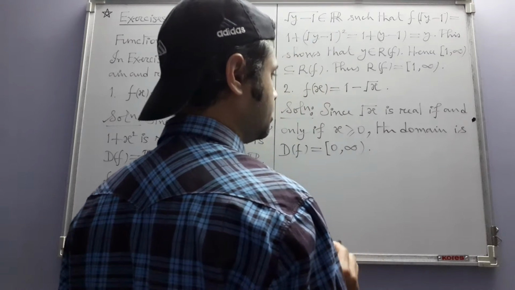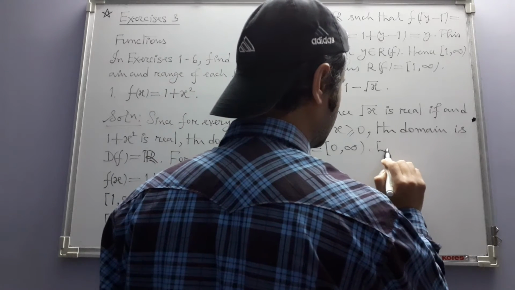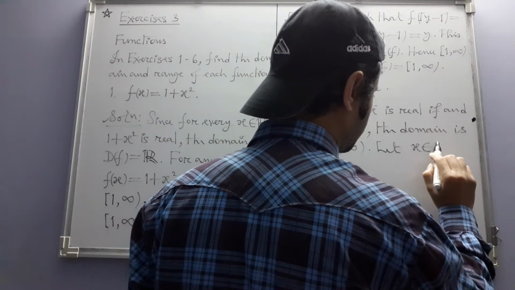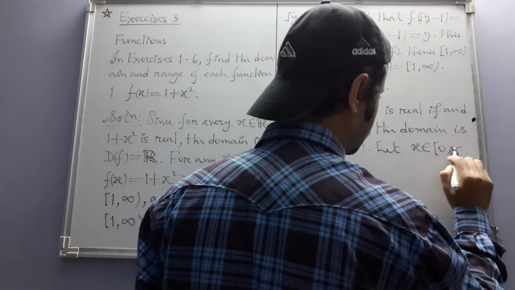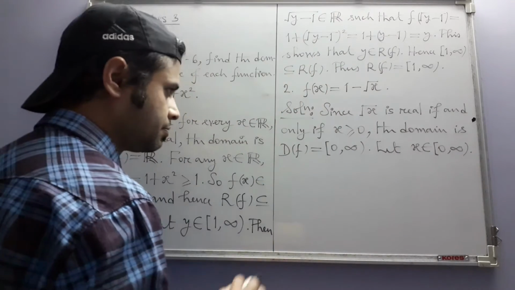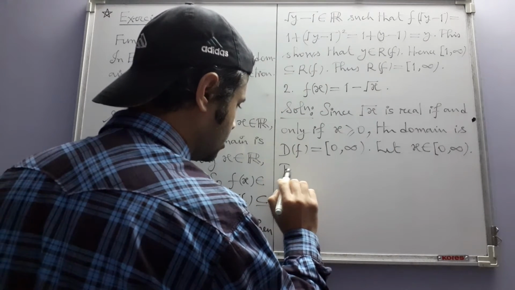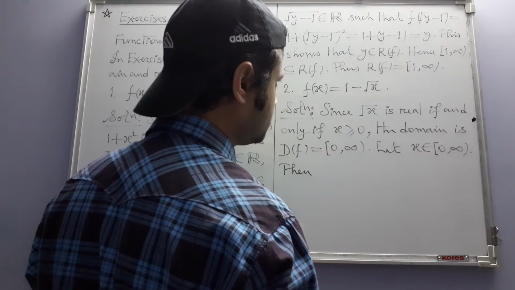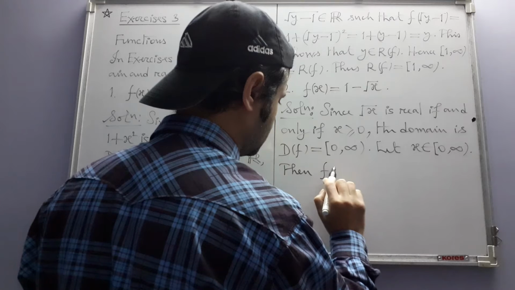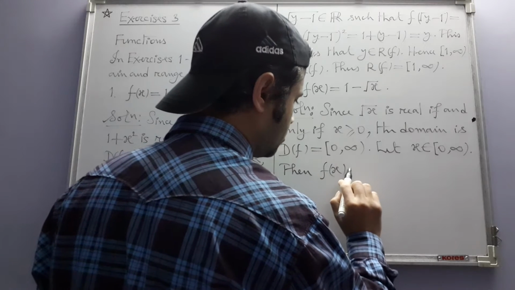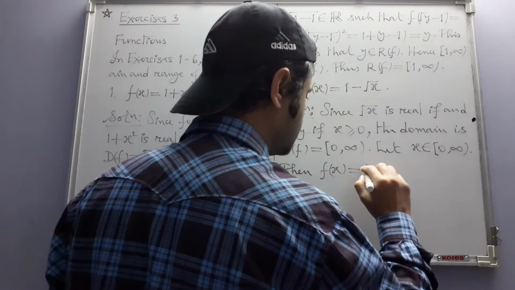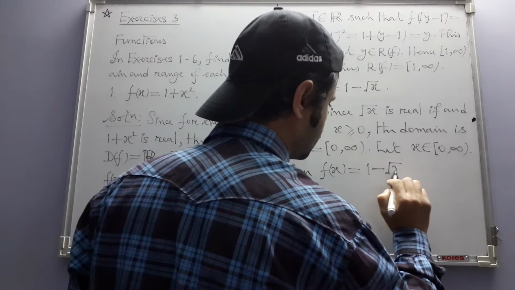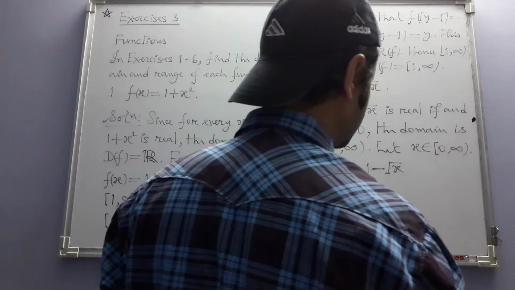Okay, now what about the range? Same procedure. Let x be any non-negative real number. Then f of x is equal to 1 minus square root of x.